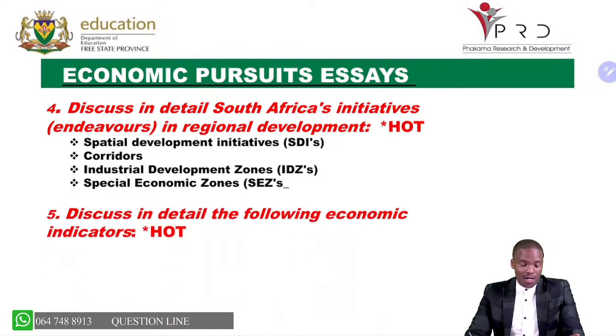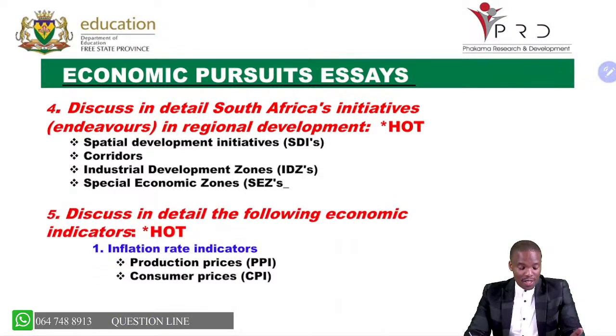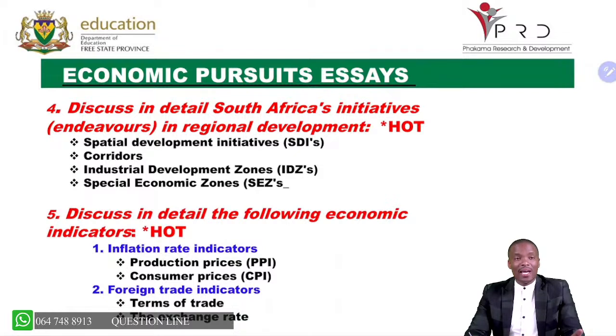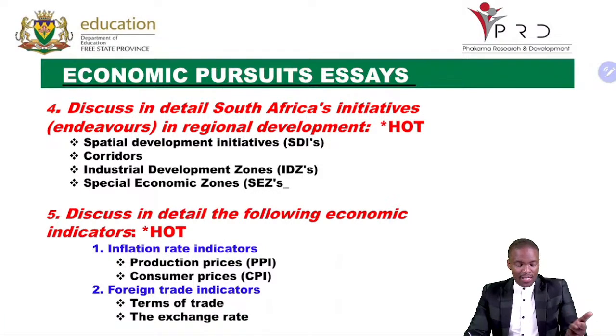And then number 5, discuss in detail the following economic indicators. Number 1, inflation rate, where we are looking at the PPI and the CPI. Number 2, the foreign trade indicators, where we are looking at terms of trade and exchange rate.